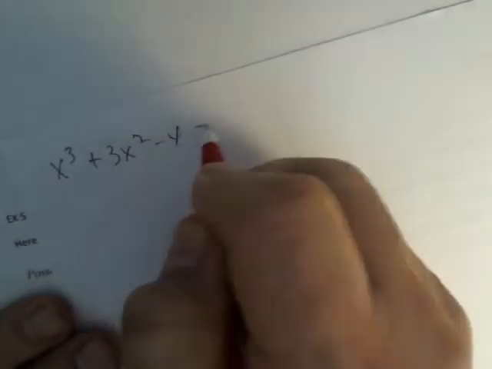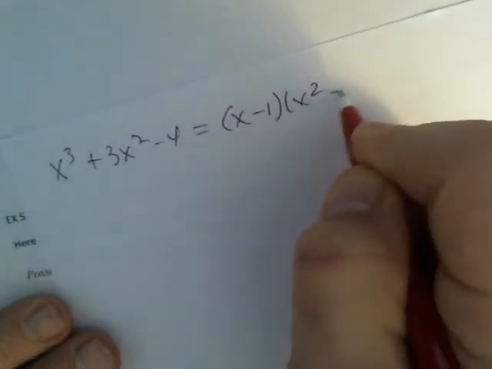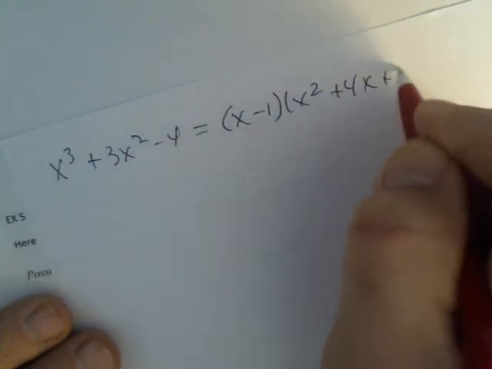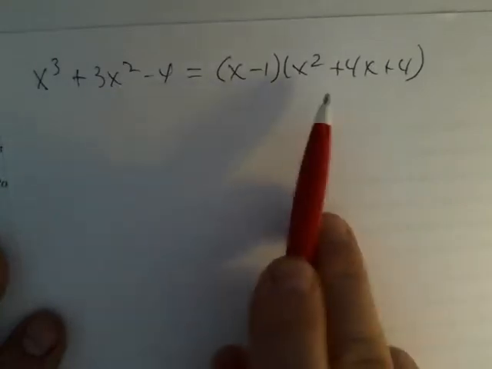I'm going to flip over here. So what I know is x cubed plus 3x squared minus 4 equals x minus 1 times x squared plus 4x plus 4. That's what I know. That's my first round of factoring.